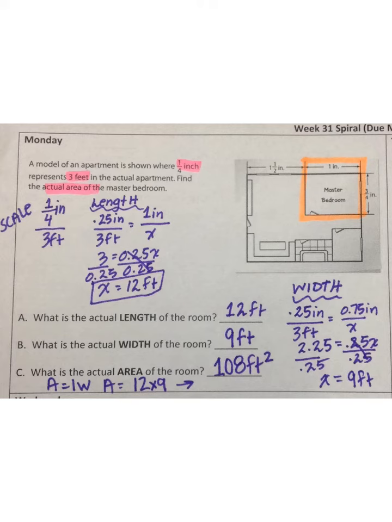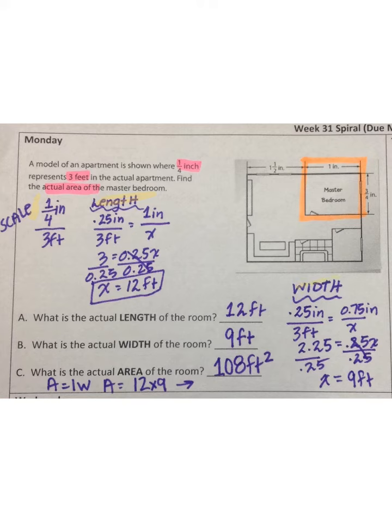So over here on the left, I have the scale. 1/4 inch is 3 feet. So instead of using a fraction, 1/4 is 0.25. To find the length, I started with the scale. I wrote a proportion, drawing across from drawing, actual across from actual. Then I multiplied and divided, and I got 12 feet.